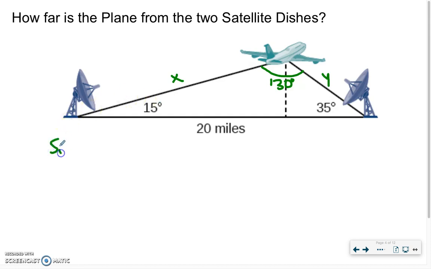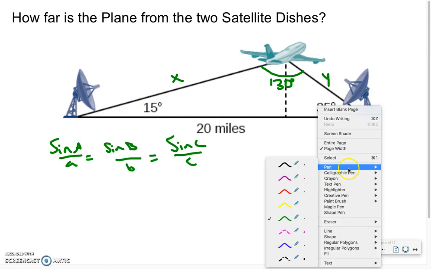So now let's just use our formula. Our sine of A over A is equal to sine of B over B, which is equal to sine of C over C. So let's plug them in the way we want. Really any order that you want.